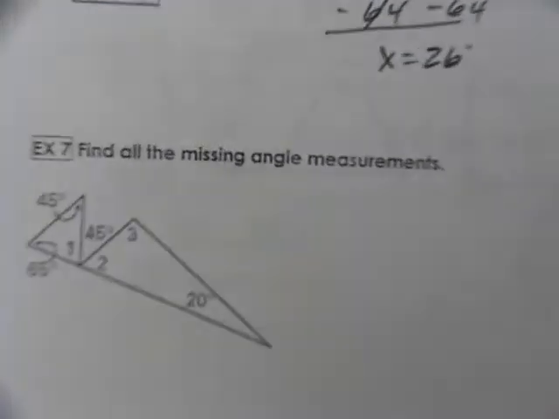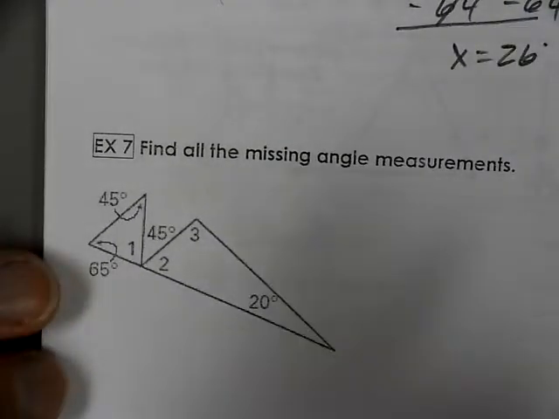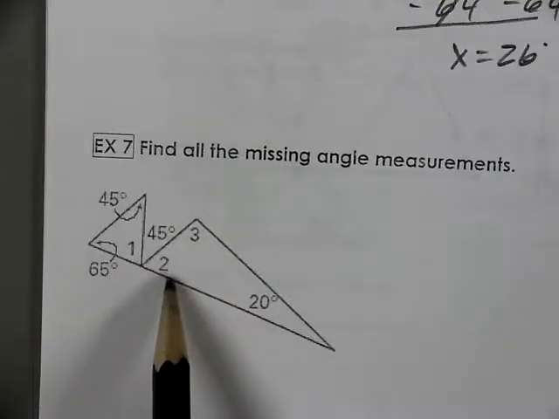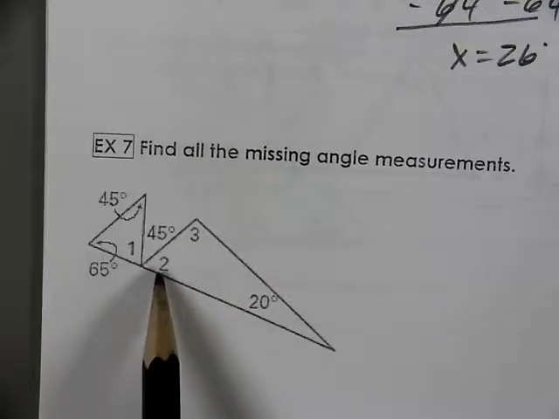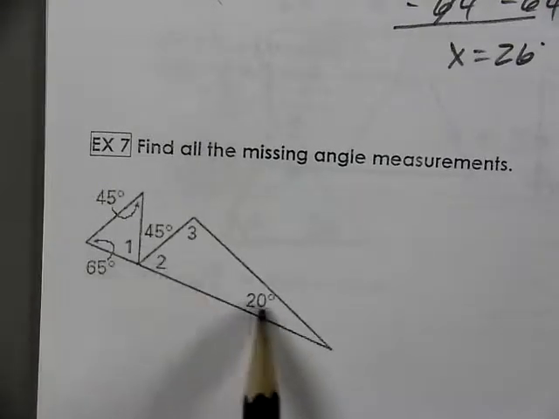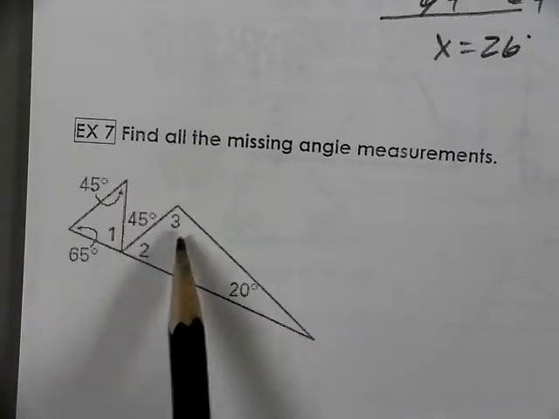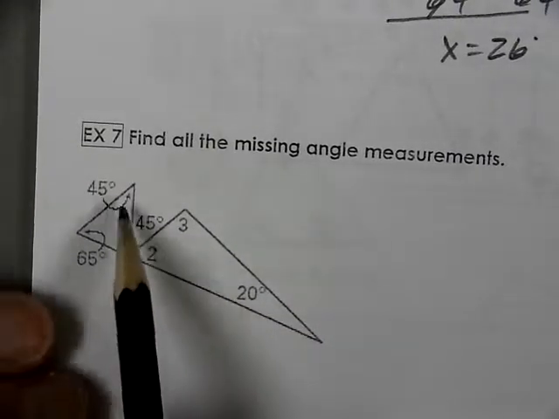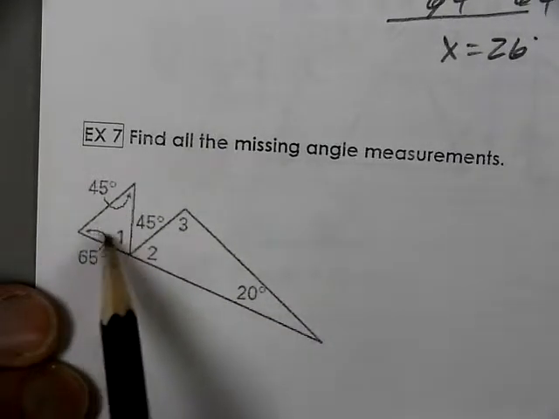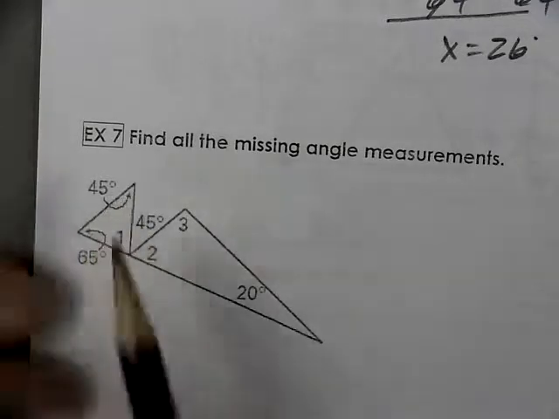All right, our last one. Here we know a couple of different things as we look at this. We know we have 3 angles. Those 3 angles have to add up to 180. But we don't know 2 of them, so we can't solve for that yet. That's true.